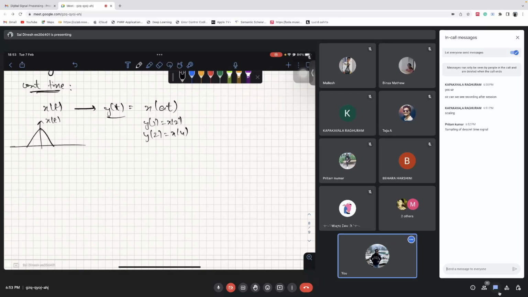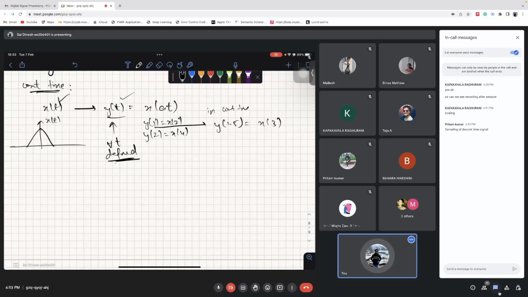Now, in the continuous time case, we have y of 1.5 also, which is x of 3. So every point in y is defined here. y of 1.1 is equal to x of 2.2. It is defined everywhere. Since x of t is defined everywhere, y of t is also defined everywhere.